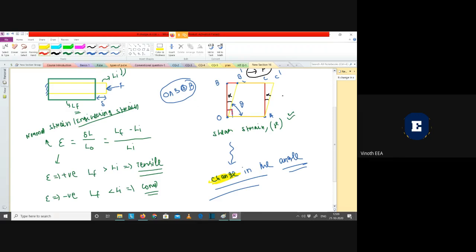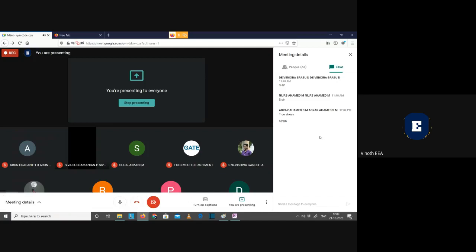We know that OA and OB are initially perpendicular, initially 90°, but after application of the force, the angle gets changed. And how much is the change? That change is nothing but shear strain. Any doubts until now?